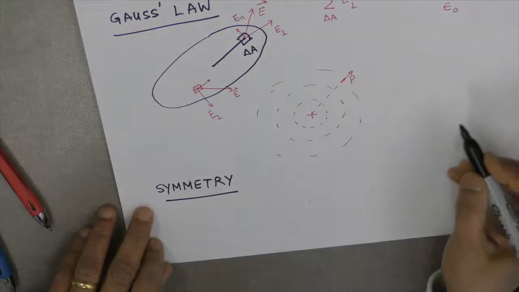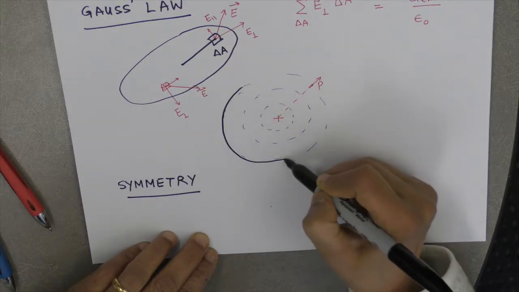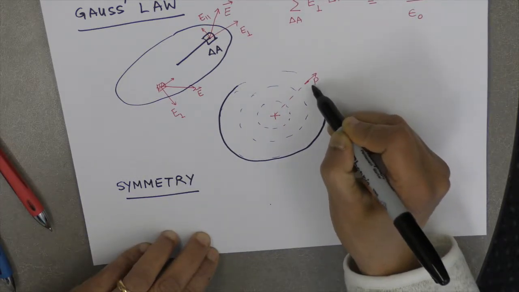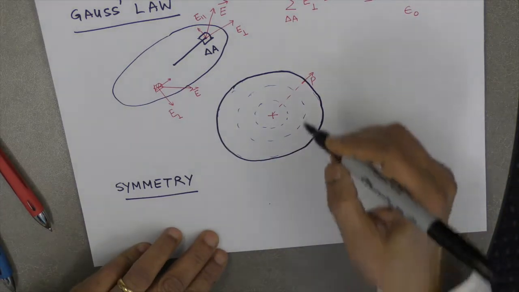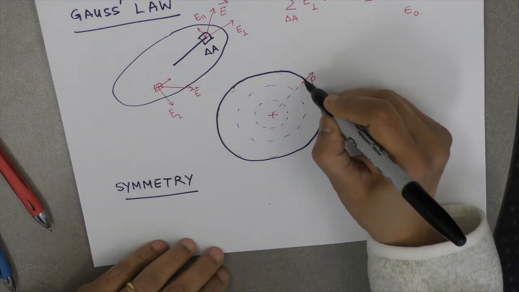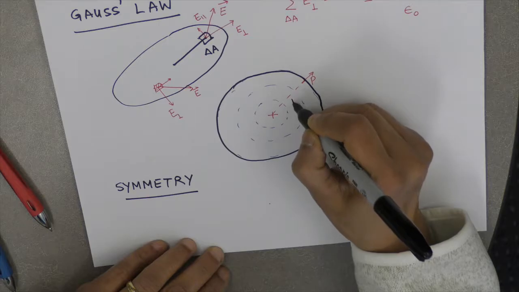In this case, a charge has spherical symmetry, which basically means the surface I take is a sphere, or a shell, centered on the charge with a radius equal to r.